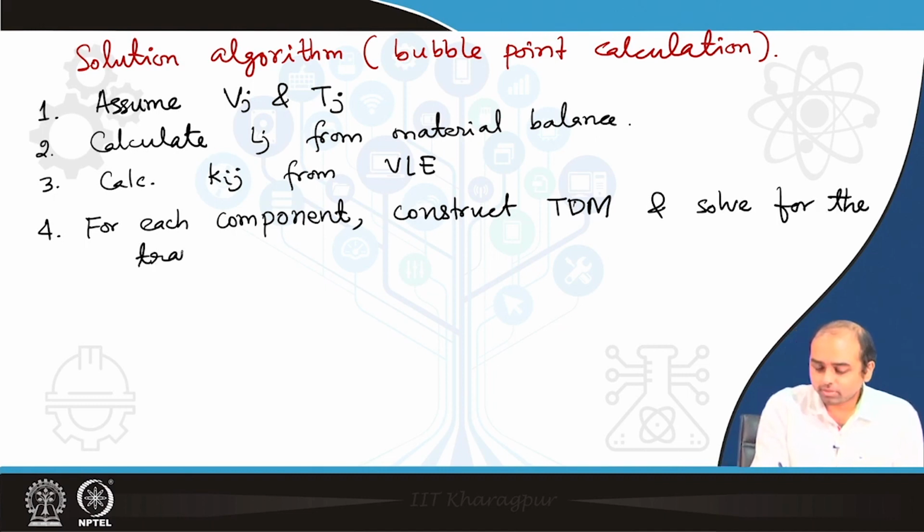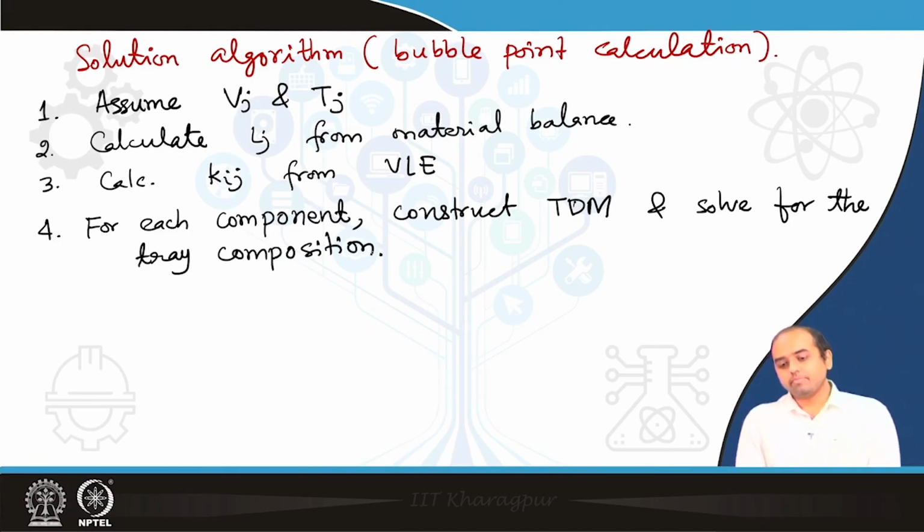Once you know your Lj, Vj, Pj, these quantities, pressure is generally also specified. Pj is known, then you can calculate your Kij, right?